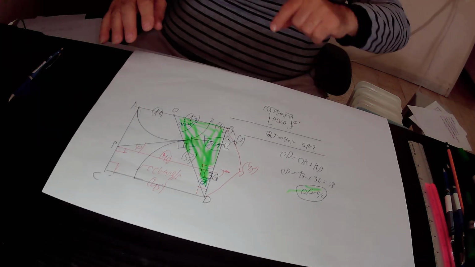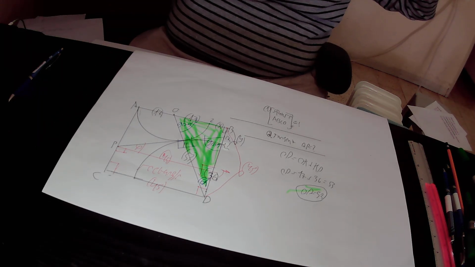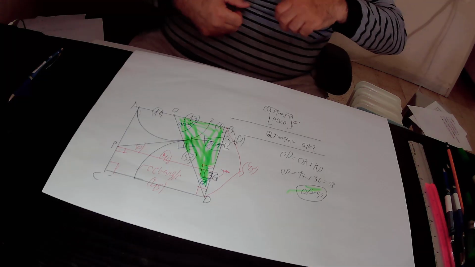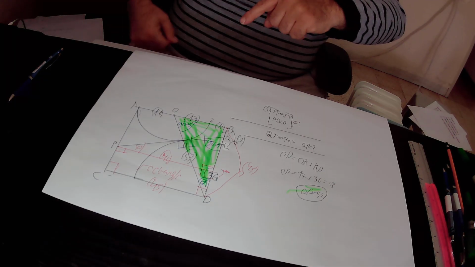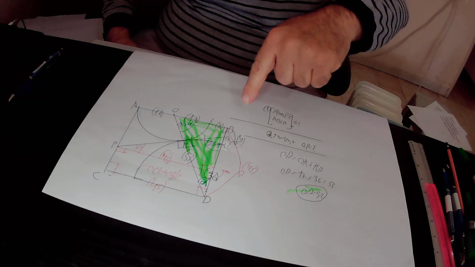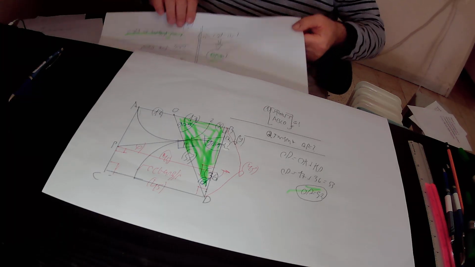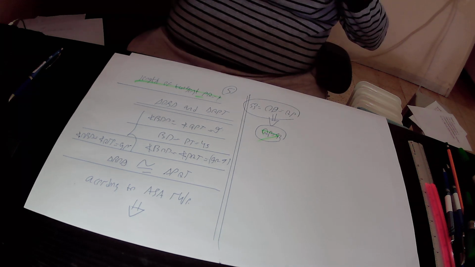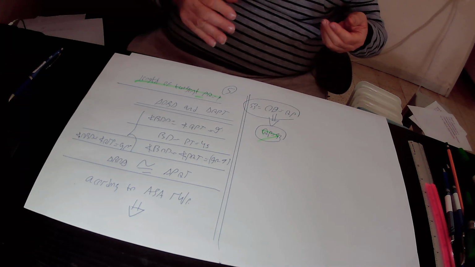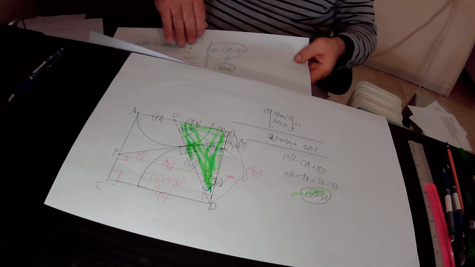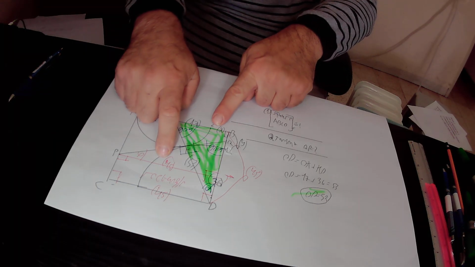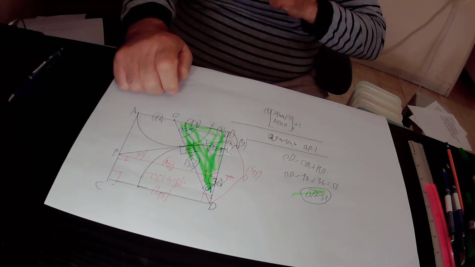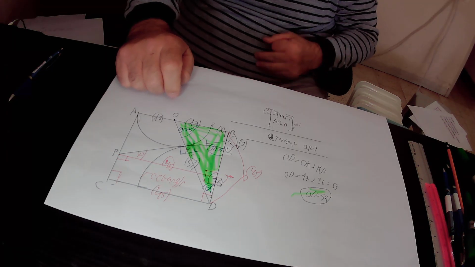From the fact that they can go into each other, we derive that their corresponding sides must also be equal to each other in their lengths. That is to say, OD equals QP, according to the rule that corresponding sides in congruent triangles are equal to each other. Those two triangles are congruent to each other, therefore their corresponding sides must also be equal in their lengths.